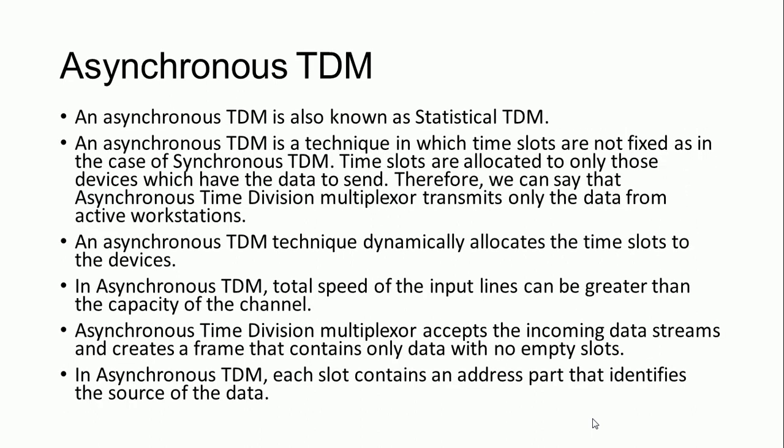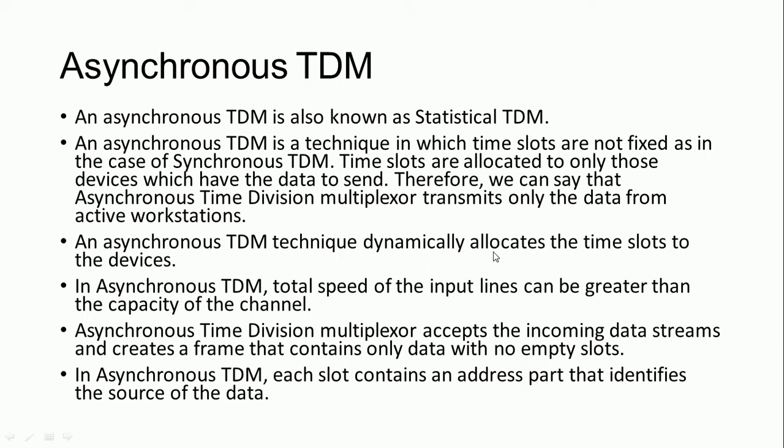This technique is also known as statistical time division multiplexing. In this technique, the time slots are not fixed as in the case of synchronous TDM. The time slots are allocated only to those devices which have data to send. Therefore, we can say that asynchronous time division multiplexing transmits only the data from active workstations.